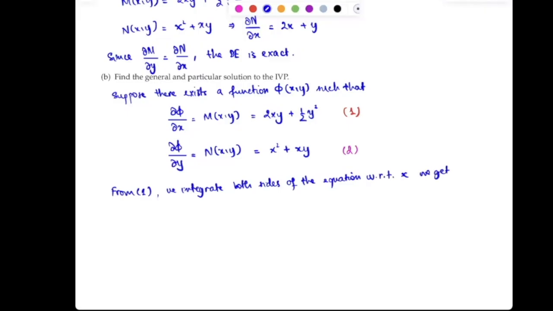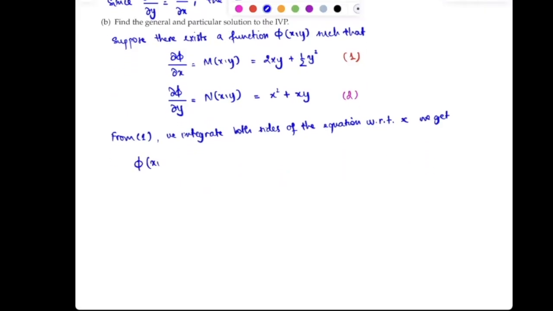We get that phi of x comma y equals the integral of 2xy plus 1/2 y squared dx. In this context, y is a constant.